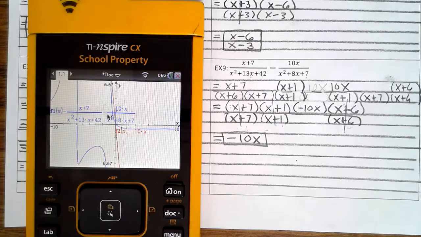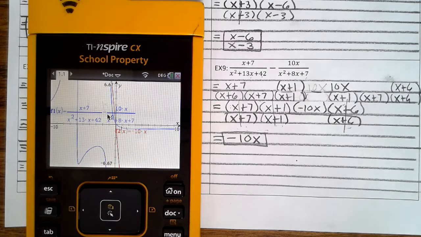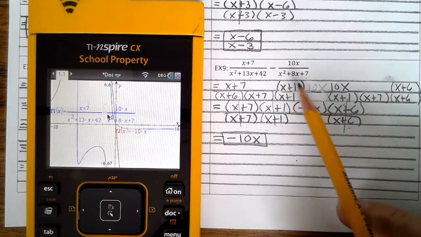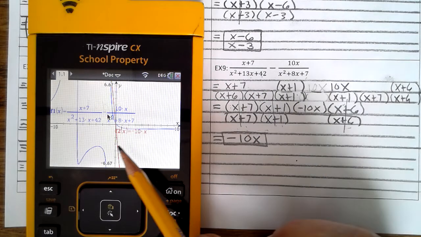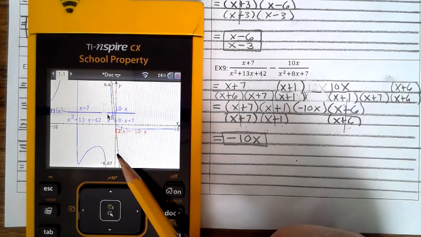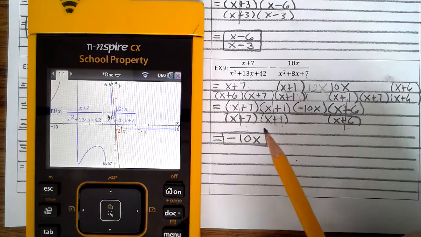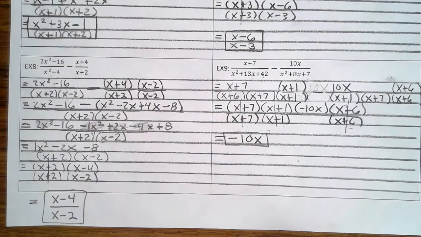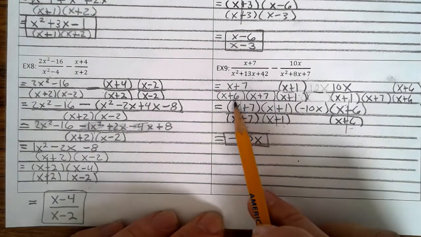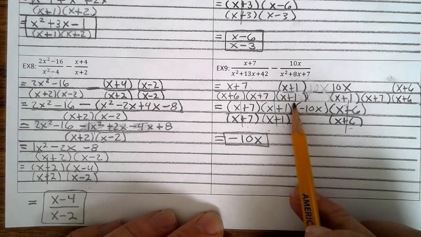Okay. So this is correct. x plus 6, x plus 7, x plus 1 divided by x plus 7 times x plus 1, and then negative 10x and x plus 6.